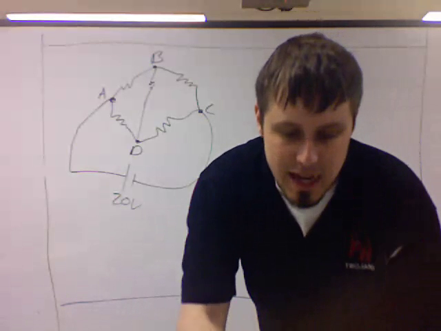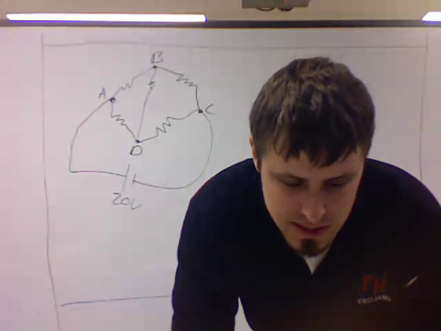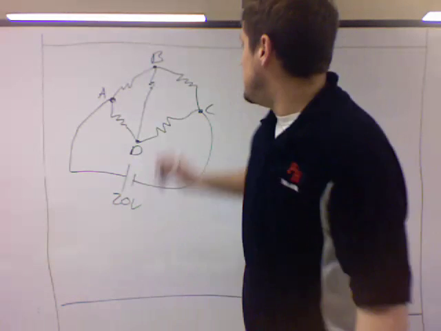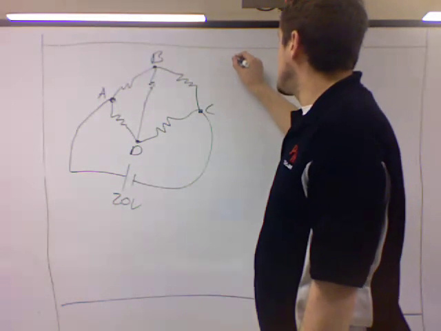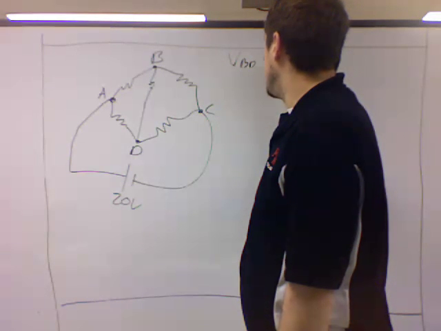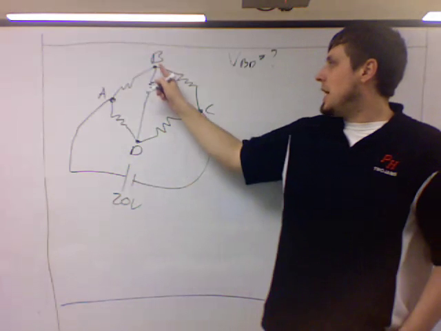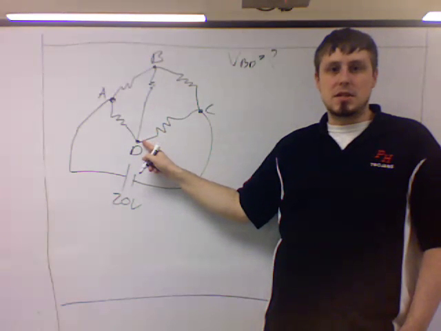Now, in this problem, they did actually ask you to determine the voltage between points B and D. So eventually we want to get to V, the potential from B to D. What does that equal? To answer that question, we have to know the potential across this resistor.